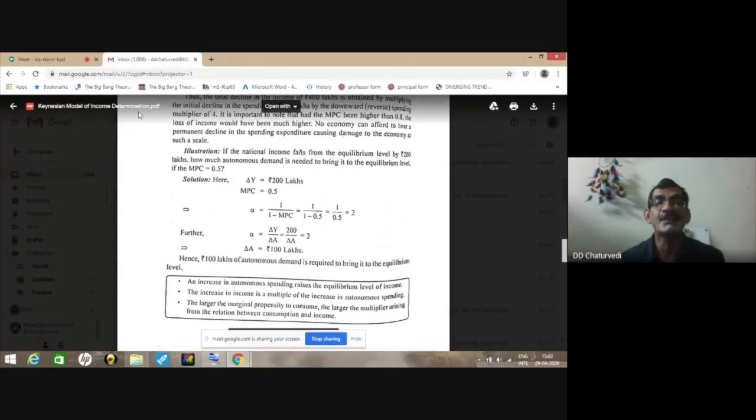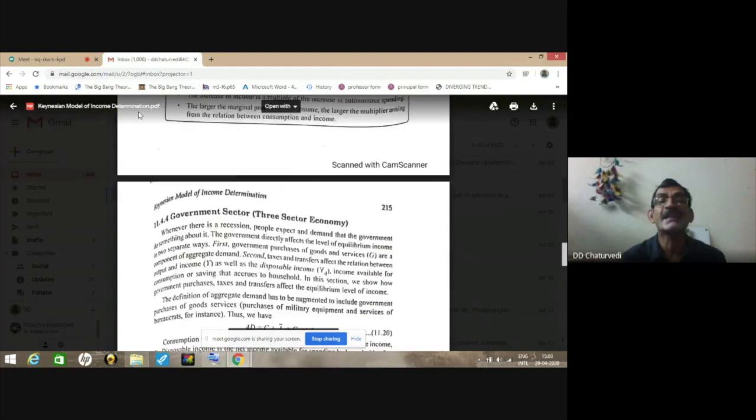From the relation between consumption and income, it is clear that there is a positive relationship between MPC and multiplier. In one of the tables through which I explained the relation between MPC and multiplier, you came to the conclusion that for different values of MPC, we have different values of multiplier, which show a positive or direct relation between them.